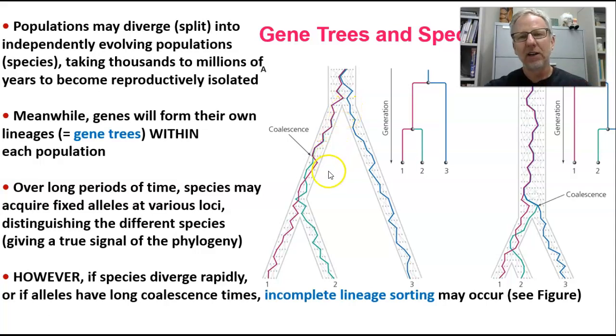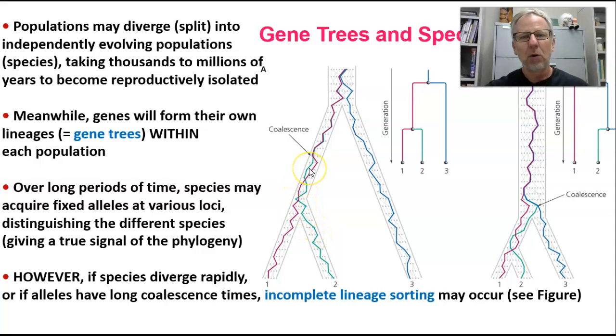And in the case of figure A, where there's relatively long periods of time in between the speciation events, it gives ample time for lineage sorting, for complete lineage sorting of this gene. So we can trace the purple allele back in species A. It's become fixed in species A, and trace the green allele back in species 2. It's been fixed in species 2.